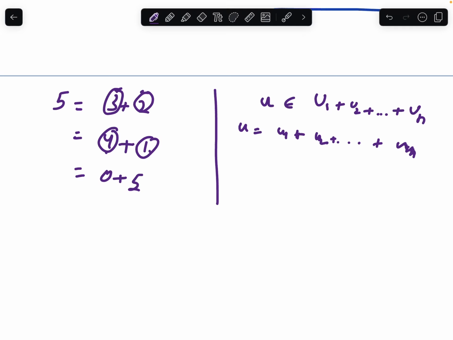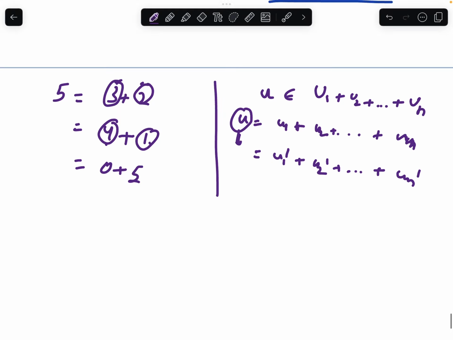That is, here u equals u1 plus u2 plus dot dot dot plus un, and we may also have u1 prime plus u2 prime plus dot dot dot plus un prime, right? We may have two different representations of the same vector u, but sometimes there are cases when different representations are not possible.